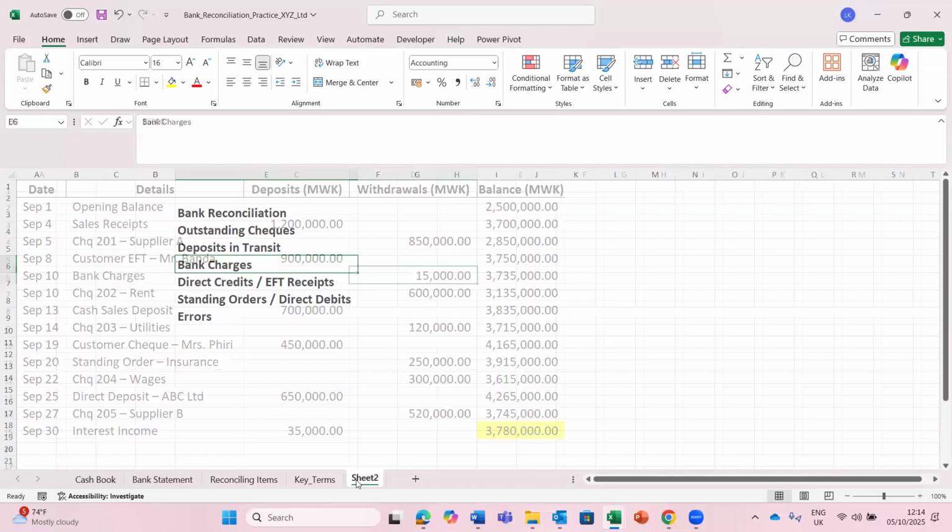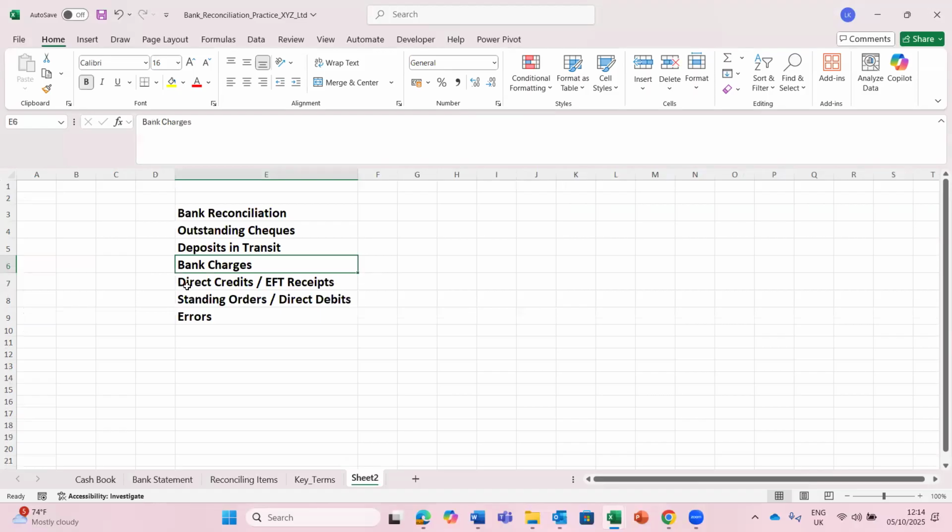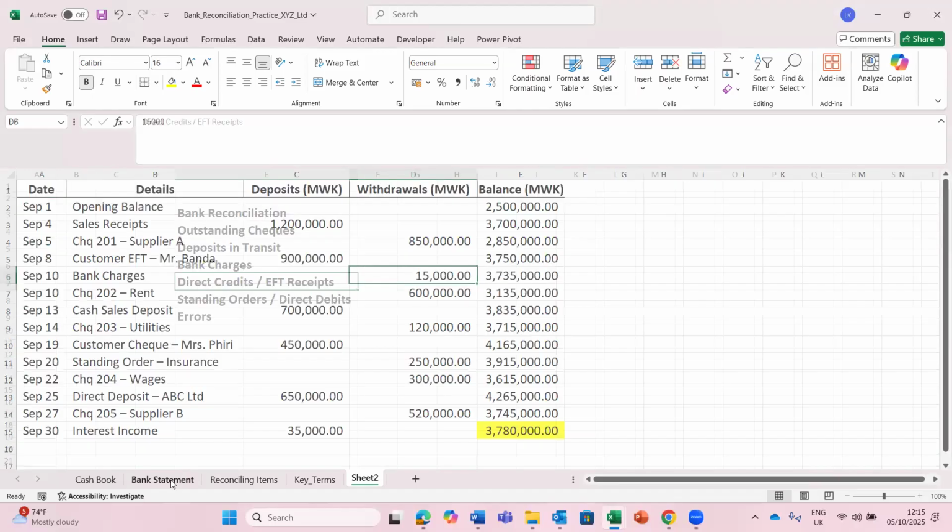The other reason is direct credits or EFT receipts. Suppose your customers pay direct to your bank account, but you are not aware of that. So what happens?